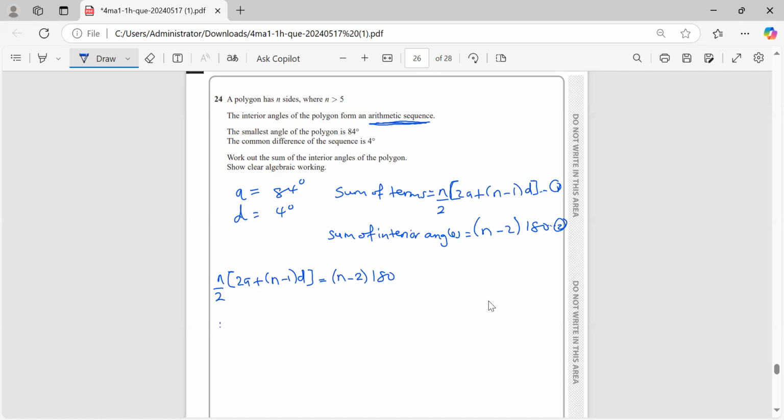I don't know what n is, I want to find the value of n. So it's 2 times 84 plus n minus 1, and then the common difference is actually 4, right, is equal to n minus 2 by 180.